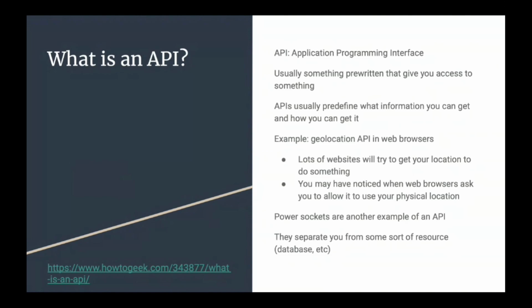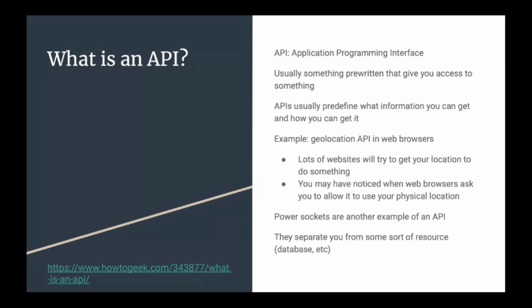For example, web browsers have a geolocation API. If you've ever gone to a website and it's asked you to let it use your location, that's the web application invoking the geolocation API on the web browser so that it can get your location.